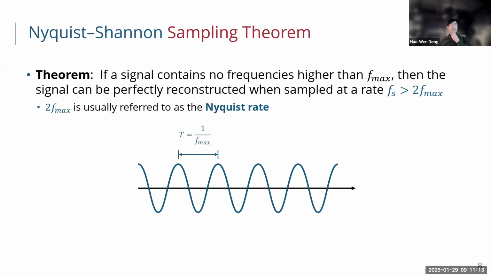But you can think of it like this. This is a signal that you have, and you want to digitize it into several points. The most efficient way to sample this is to sample all the peaks and the negative peaks, so you get a sense of what the shape is like.